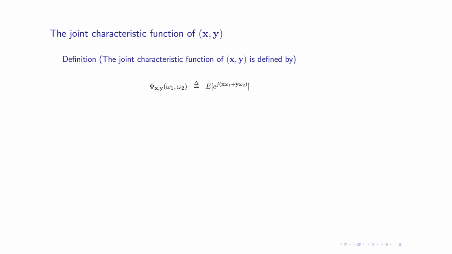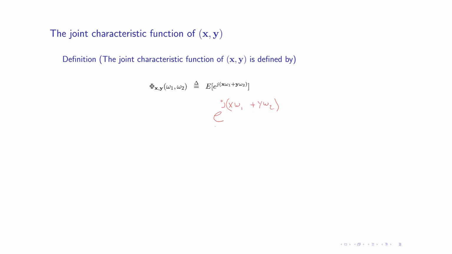If you consider a pair of random variables, we can define e to the power of j(x omega 1 plus y omega 2). Basically this portion is a linear combination of the pair of random variables x and y, and this is an exponential function of that.